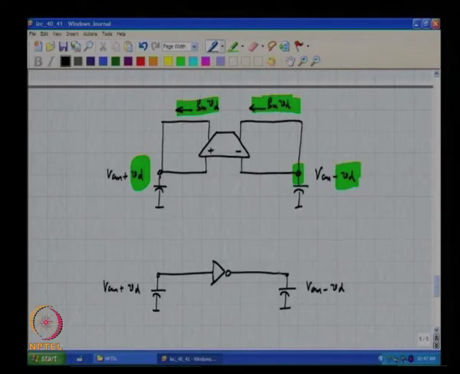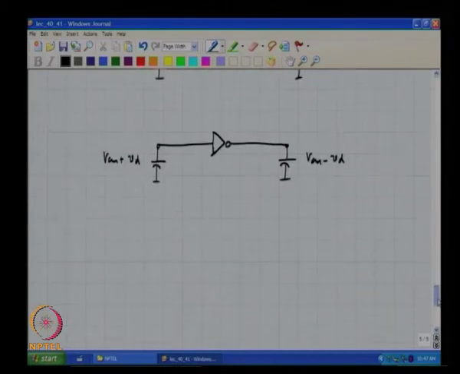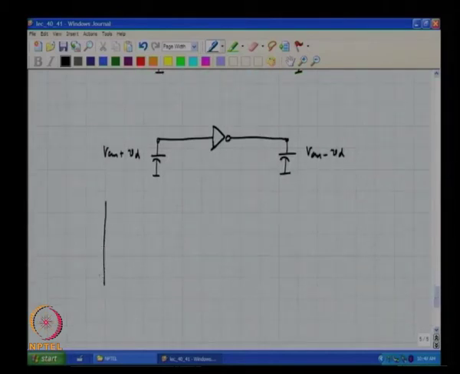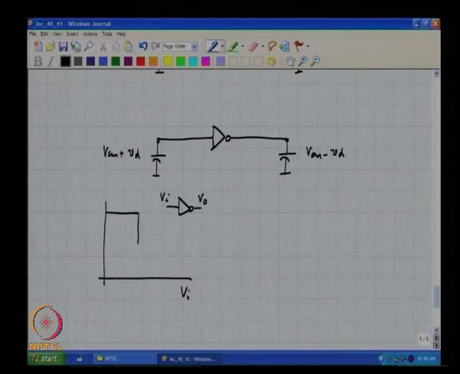If VCM was chosen to be the natural trip point of this inverter, okay, what is the meaning of natural trip point of this inverter? How does the CMOS inverter behave? Vi and Vo, and this is that magic voltage Vx where there is high gain, right.